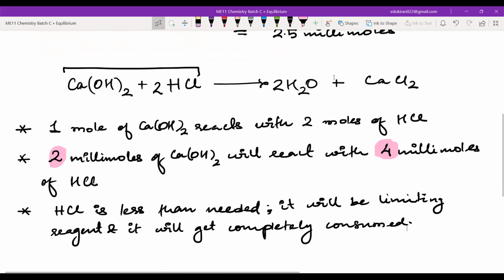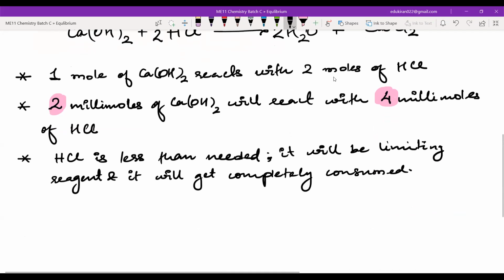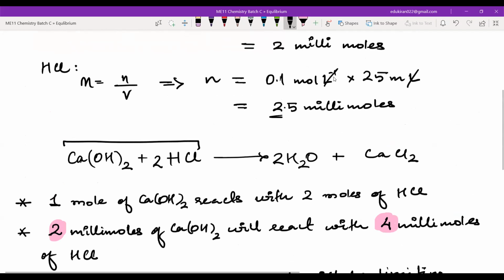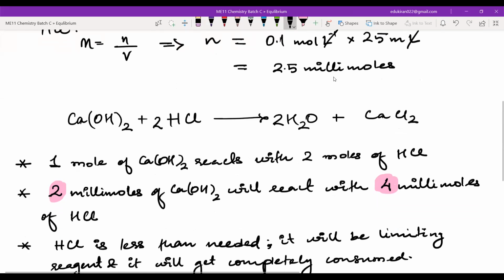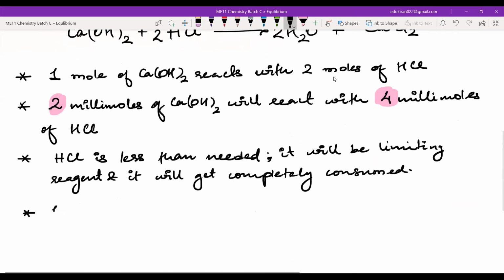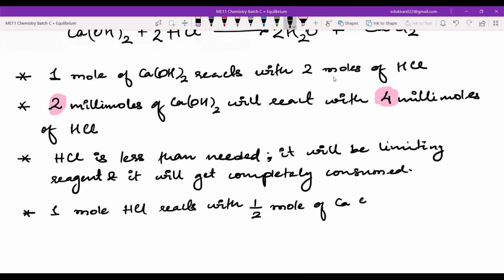Now you will see that I can say the next statement: if there is 2.5 millimoles of HCl, then 1 mole of HCl reacts with half moles of Ca(OH)2.